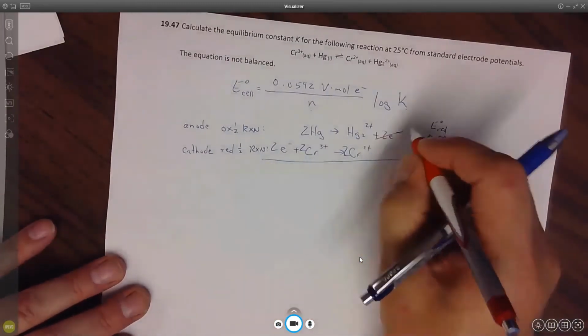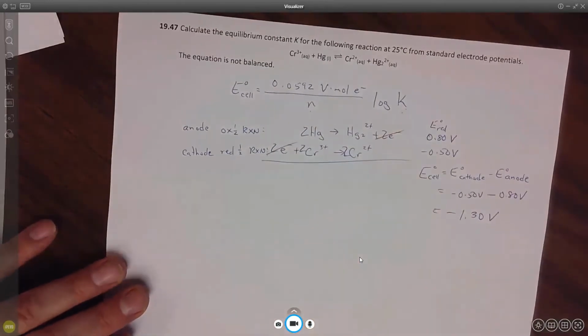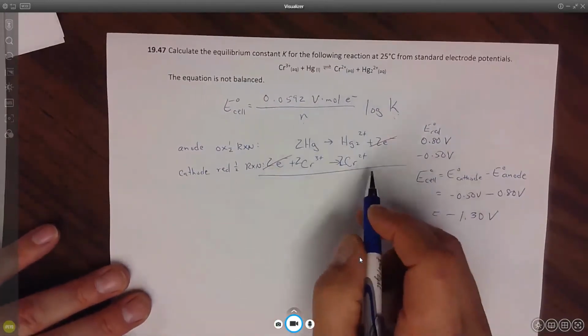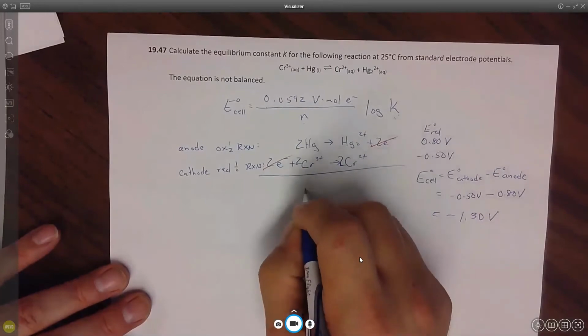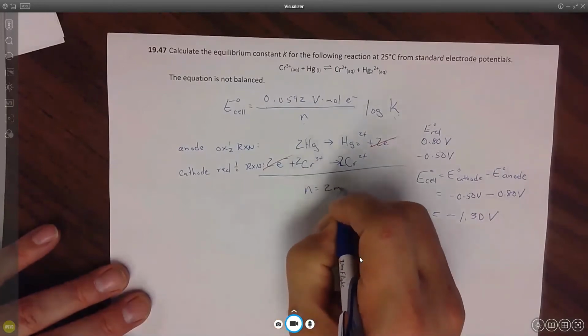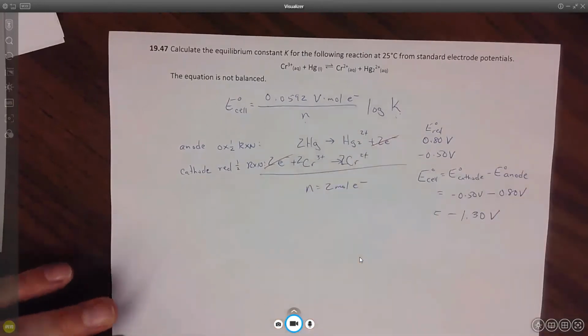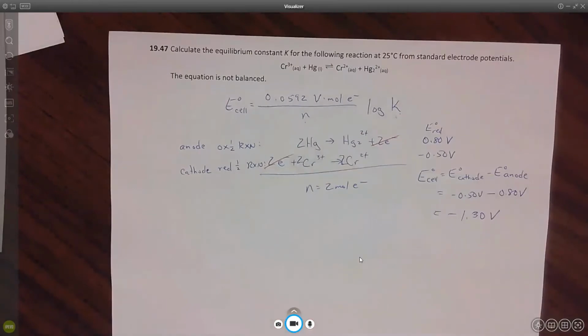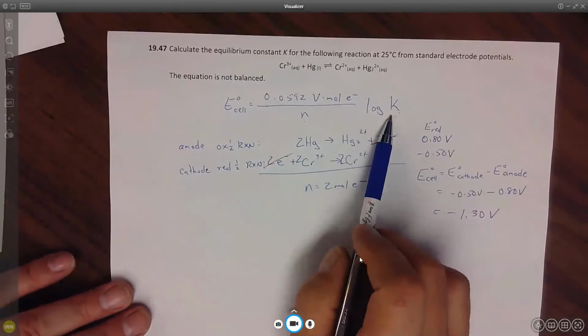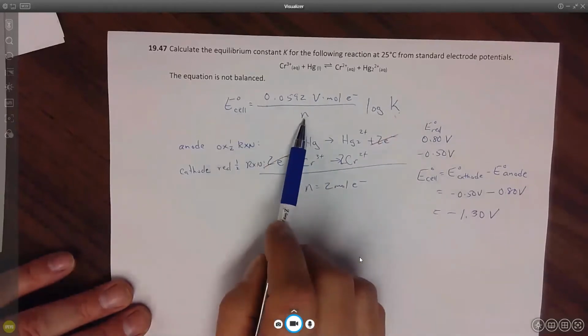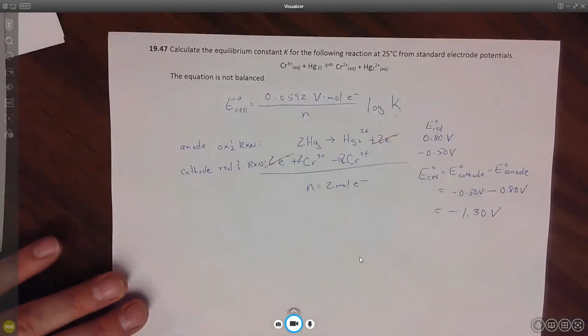So our electrons will cancel. And that's going to tell us that N is equal to 2 moles of electrons. We actually don't need the balanced chemical equation because it's not asking for that. It's just asking for K. All we needed was E cell naught and the number of moles of electrons.